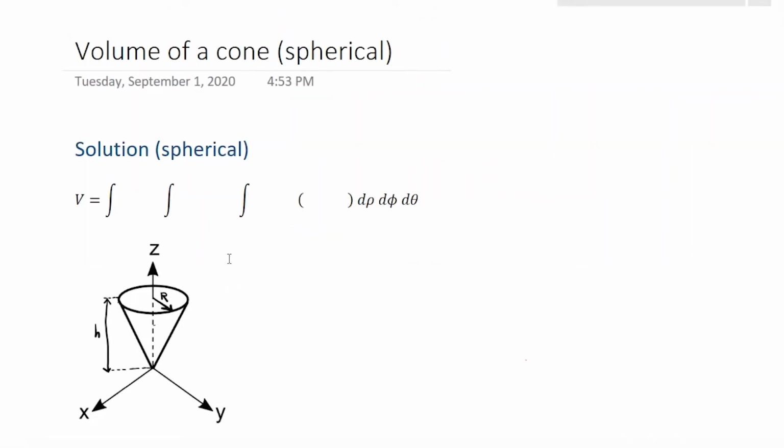Let's integrate in spherical coordinates. Here, the order I chose is d rho, d phi, d theta, which is pretty standard.